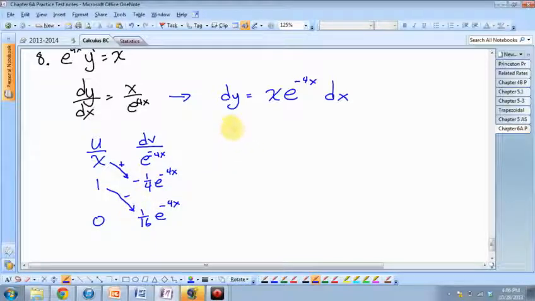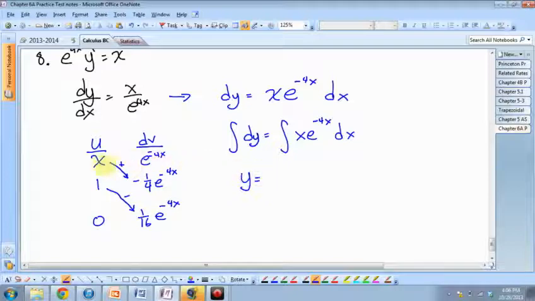Okay, so integral of dy equals integral of x e to the negative 4x dx. y equals, no, let's make that e to the negative 4x on the outside. We know that's going to be on the outside. So negative 1/4 x minus 1/16.